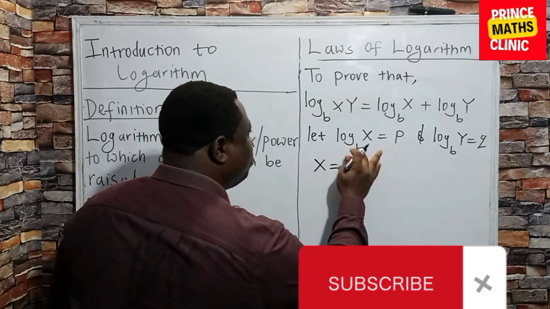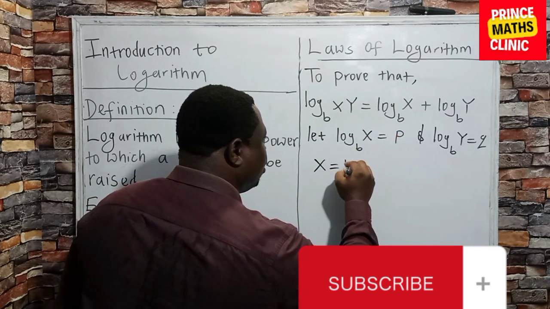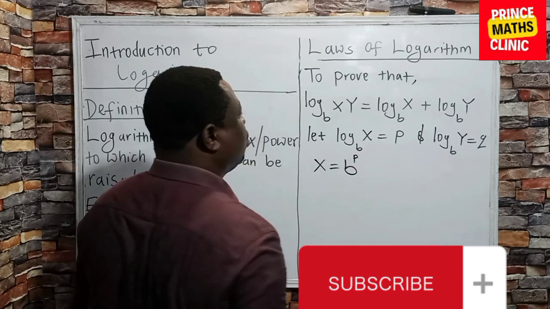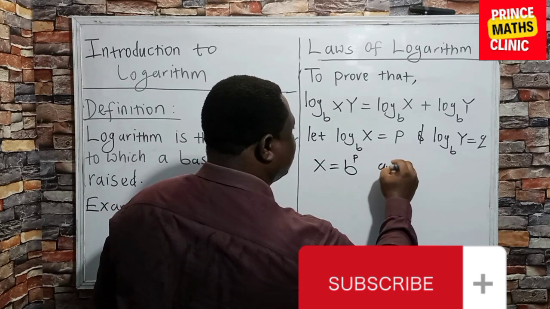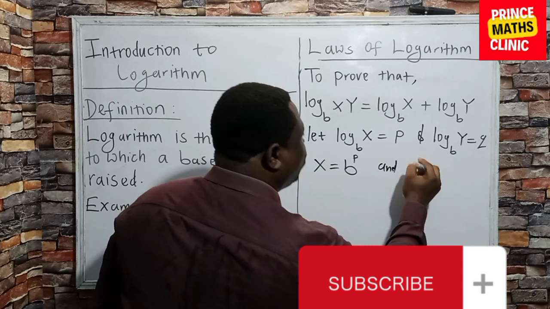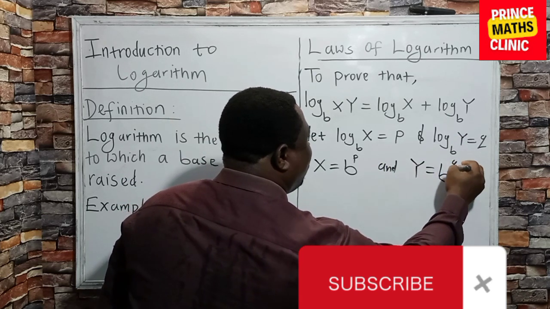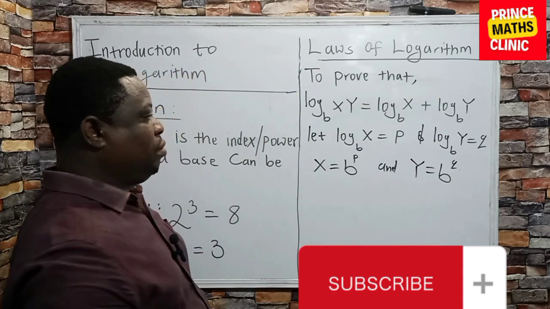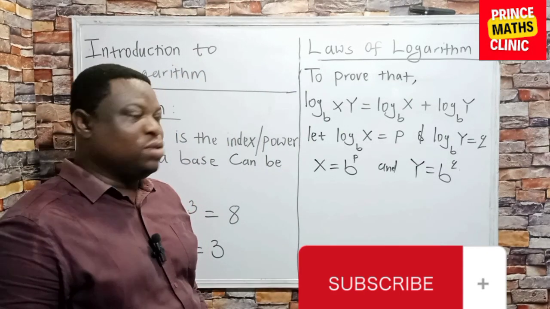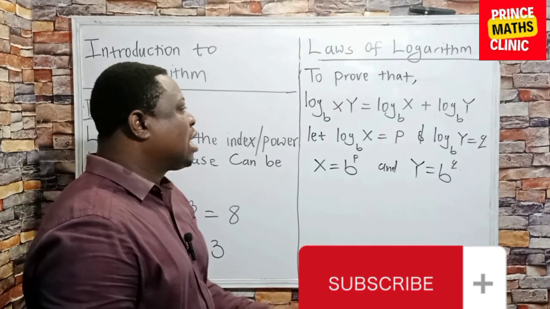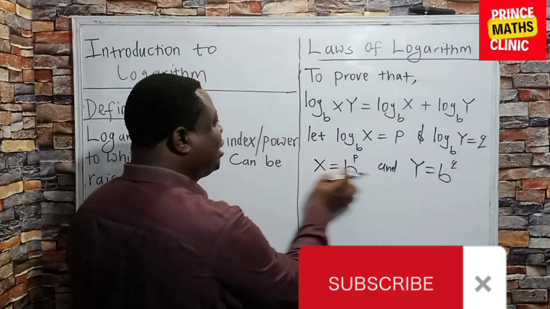Therefore, doing the same thing, x here will just become b to the power of p. And this as well, y, will become b to the power of q. Right? Hope you are following. Good. Then we can multiply x times y.